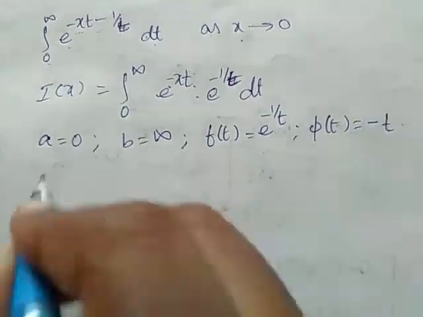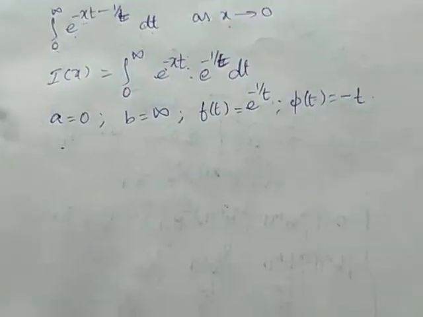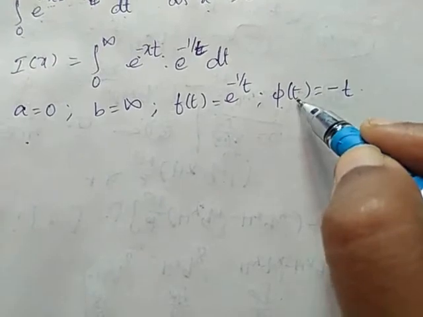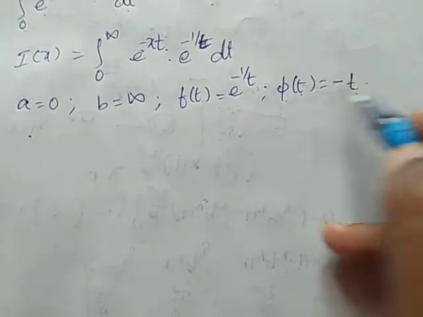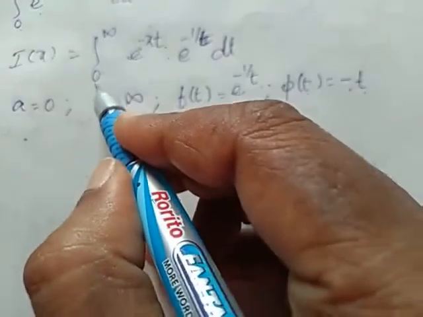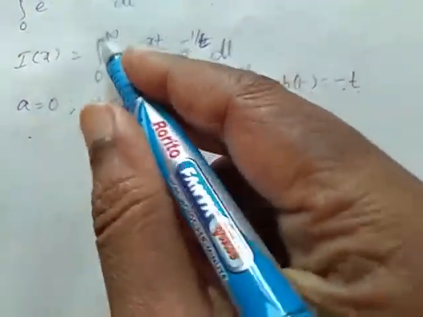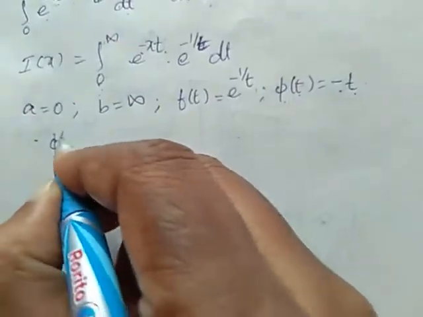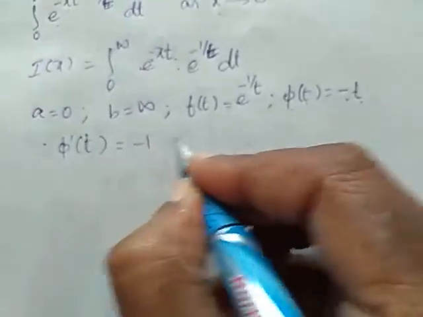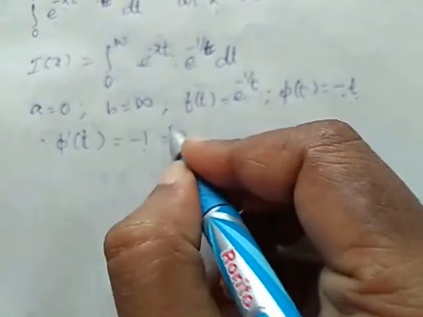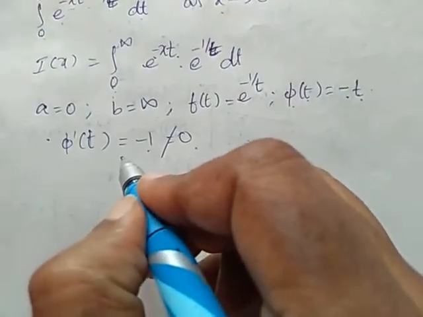See, phi dash of t is minus 1, so we cannot find the maximum value using that way. But what is our limit? 0 to infinity. So usually we will differentiate phi of t. Phi dash of t is minus 1 in this case. We cannot equate this to 0 because minus 1 is not equal to 0. So using that procedure we cannot find the maximum value.